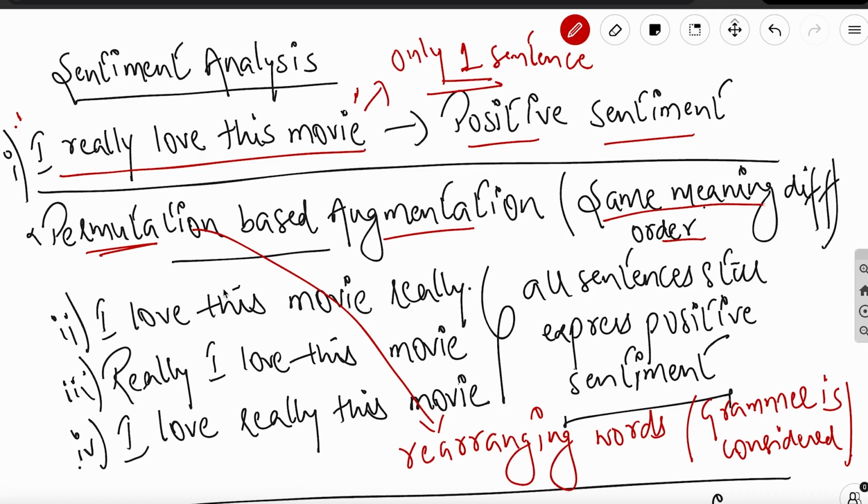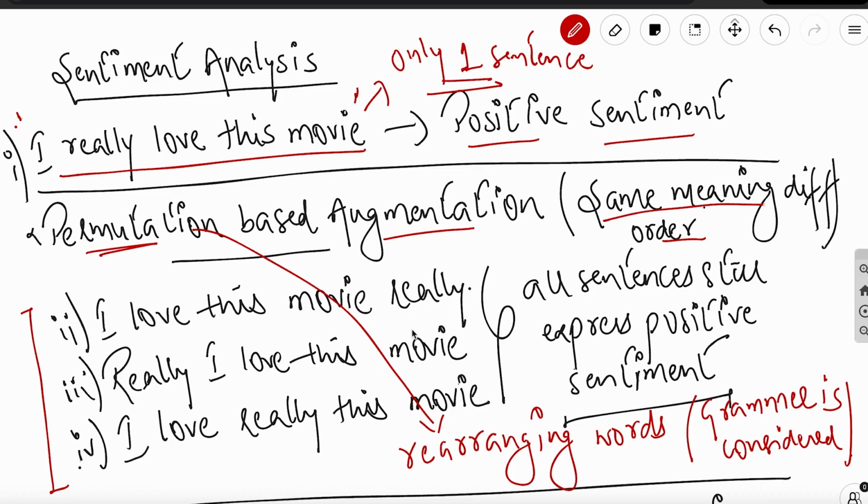So I create another sentence: I love this movie really. So this is also grammatically correct. Really, I love this movie. I love really this movie, okay. So to a good extent these are grammatically correct. Now might not be 100%, but at least 90-95% they make sense, okay. These are not just randomly jumbled words.